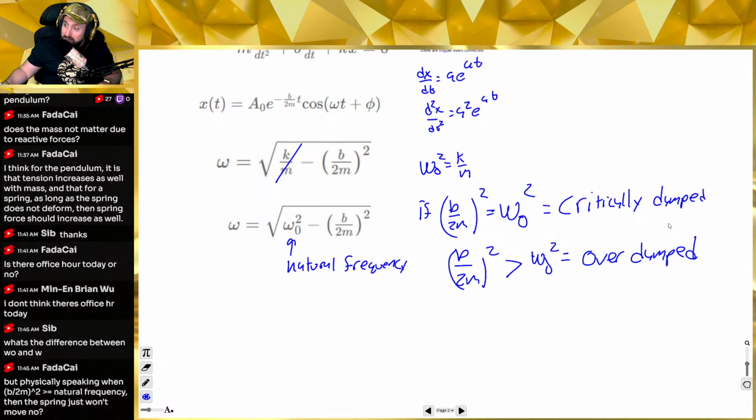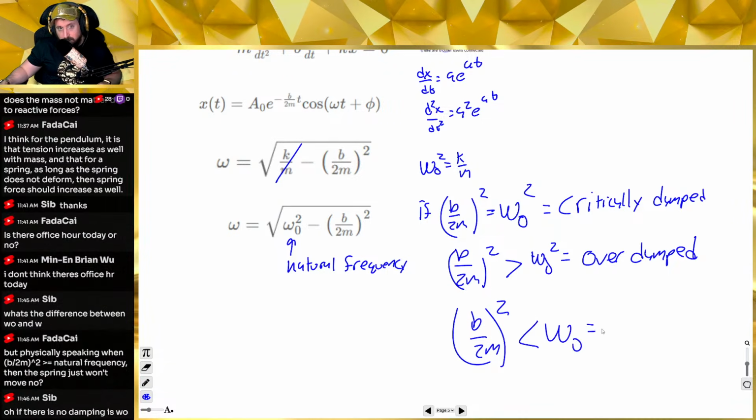So it does move, it just doesn't oscillate. So watch what happens. So critically damped, overdamped, and if b over 2m squared is less than omega naught, then you have underdamped. Yeah, if there's no damping, then it is omega naught. Correct. And you can see here, if I have no damping, if b is 0, then omega just equals omega naught.